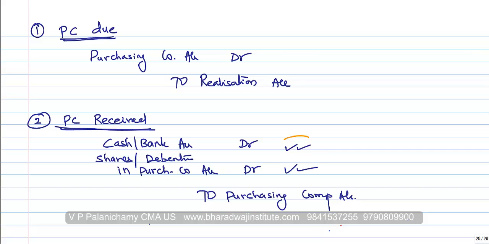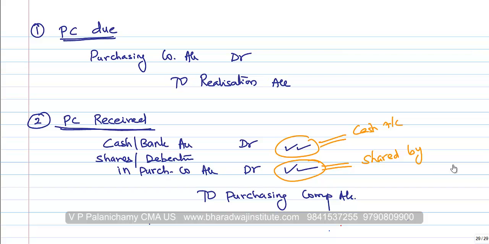Of course, this cash or bank will go to which account? Cash account. Whatever you collect will go to cash account. And whatever is received in the form of shares, debentures or bonds will be shared by partners.